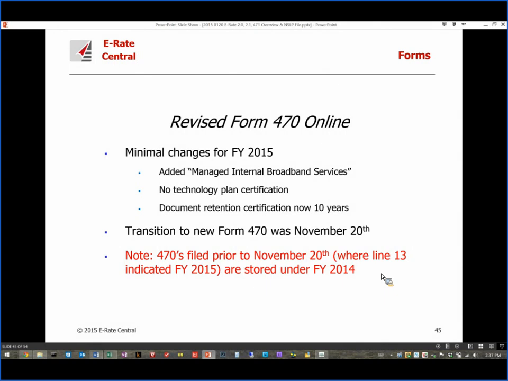If you've been through this before, you know that if you file a Form 470 prior to the New Year's form being released, you indicate on line 13 that it was for funding year 2015. However, all of those Form 470s are stored under funding year 2014. I think I see this question about every 2 days right now.